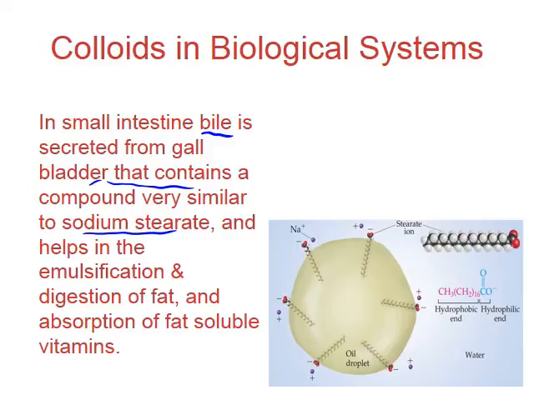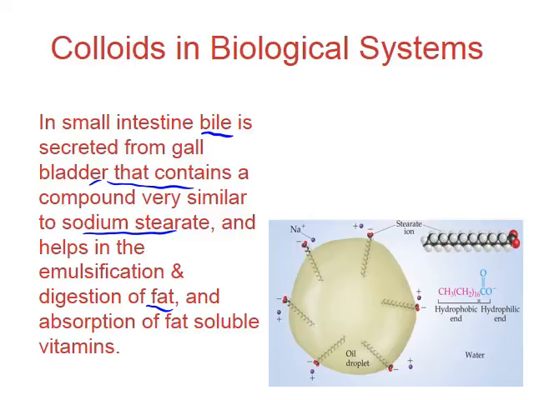Normally fat would not go in water solution, but in the presence of bile, fat in tiny small particles would remain as colloidal solution in water, and that's how it helps in our digestion process. So in this figure you're seeing how bile helps.